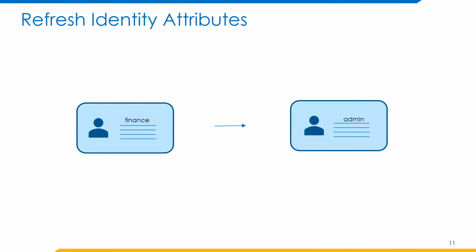So the first option that we are going to consider is refresh identity attributes. Identity mappings define how all the identity attributes are created and updated. The refresh identity attributes option will ensure that all the identity attributes are updated as per the rules or mappings present.